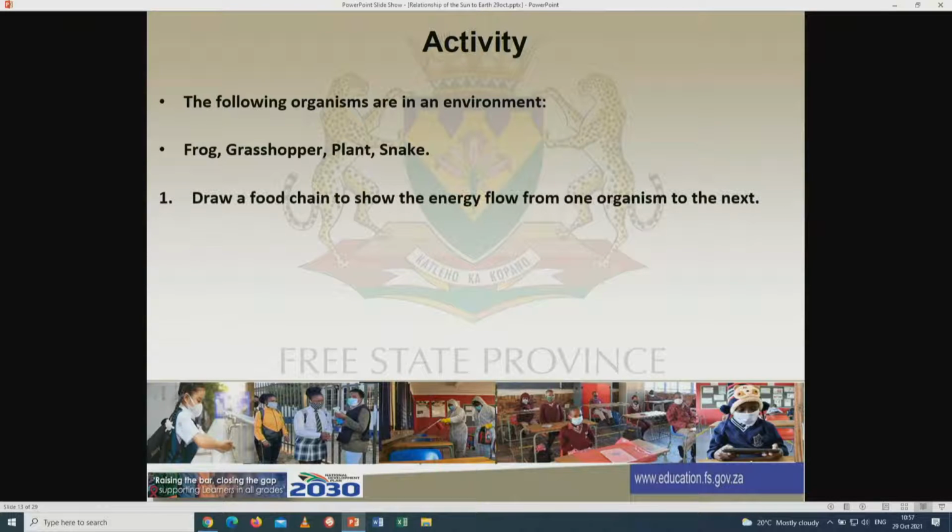So our first question, draw a food chain to show the energy flow from one organism to the next. Question number 2, please label which one is the producer, which one is a herbivore, omnivore, and carnivore.